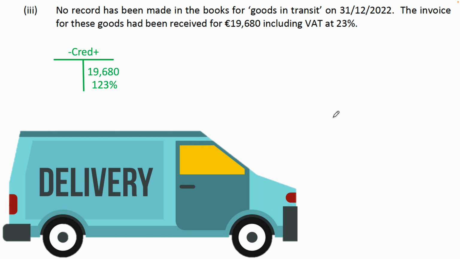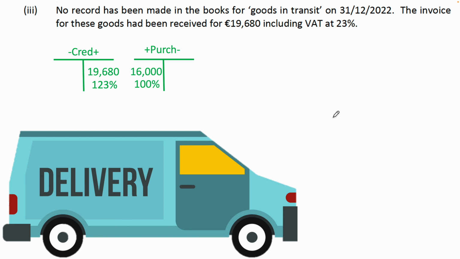You owe them 123% because they are going to forward the 23% VAT to the revenue commissioners on your behalf. So they're only going to be getting €16,000 for you, but then they're going to be giving over the 23% to the revenue commissioners, but you have to pay them the 123%.